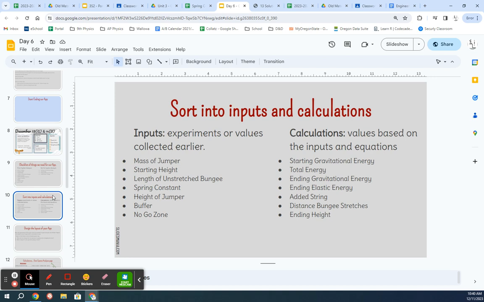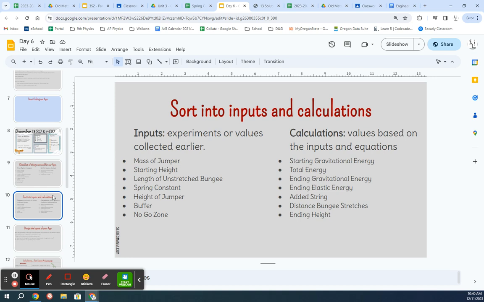And then all the other things are going to be calculations, which is actually good because once we set it up, the computer is going to do all the calculating for us. Calculating starting gravitational, calculating the total energy, calculating the gravitational at the end, calculating the elastic energy at the end, calculating how much string needs to be added, calculating the bungee stretch, and calculating the ending height.